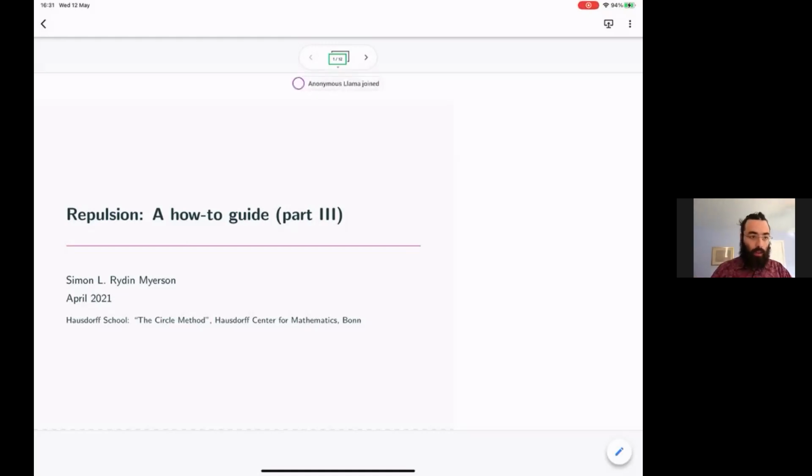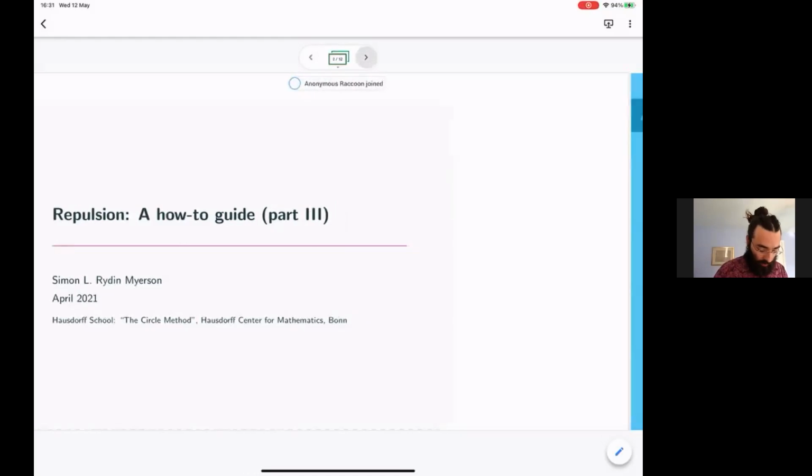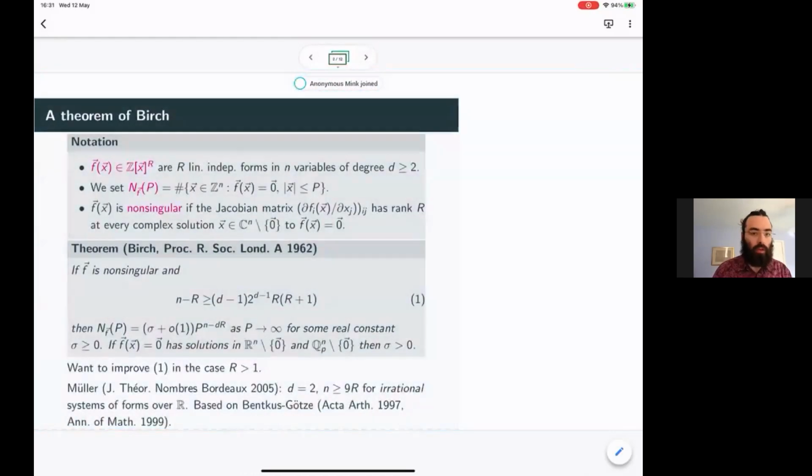Right, so let's get started. I wanted to begin by briefly reminding everyone where we've got to. We have this result of Birch about general systems of forms in sufficiently many variables with a geometric niceness condition.